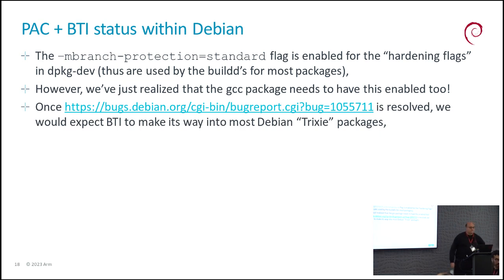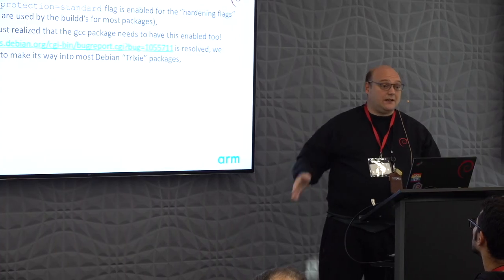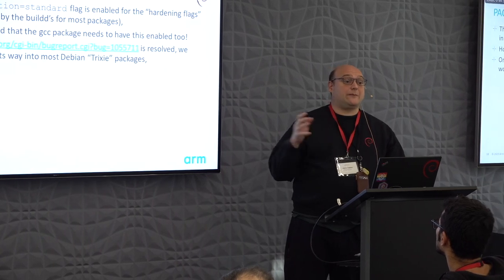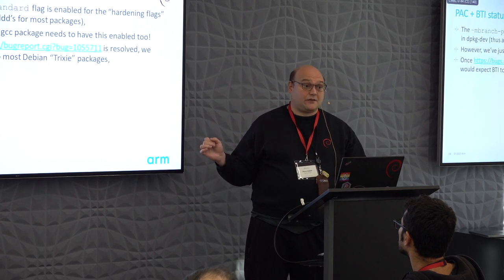For PAC and BTI, how does it work? Is it a syscall completed by the kernel, or is it activated by different mechanisms in the CPU? The BTI is an mmap syscall that says, please enable BTI on the following memory pages. The runtime loader will do this automatically for you, so don't worry too much about it.